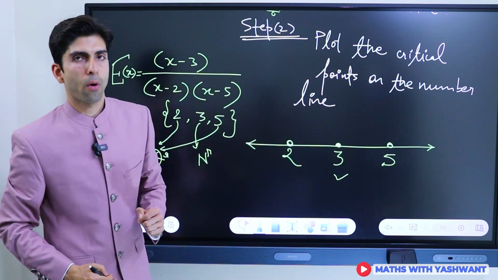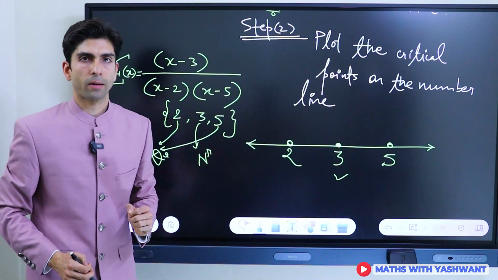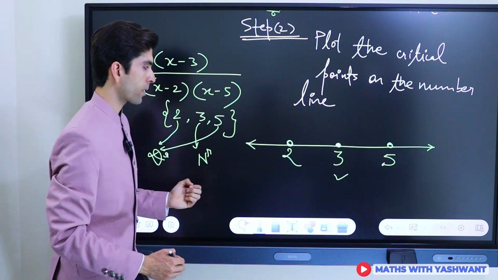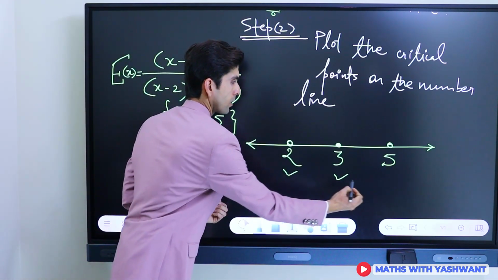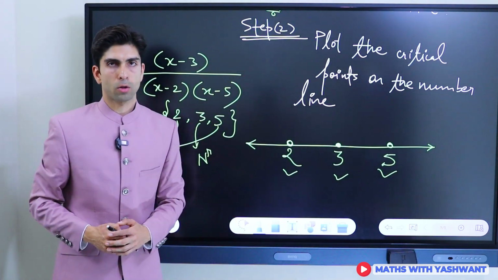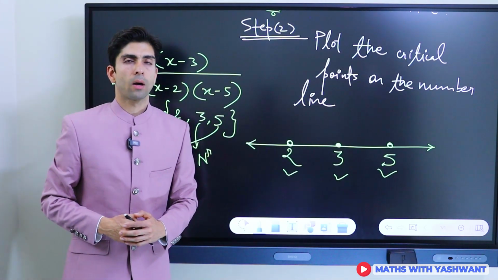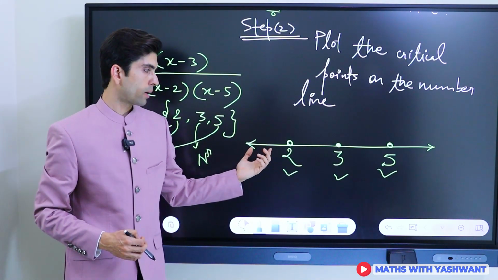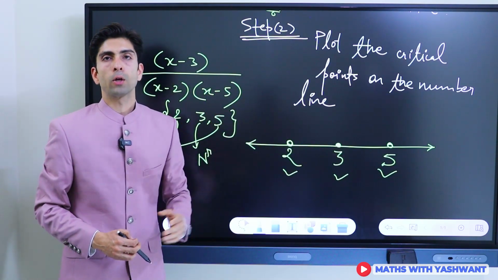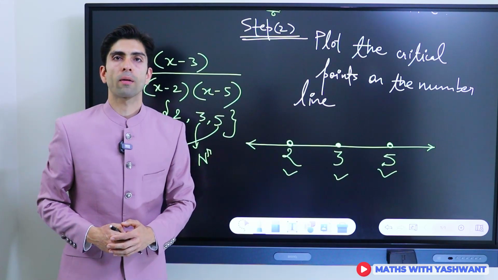And for the critical points that you get corresponding to the linear factors in the denominator, like in this case we have 2 and 5, I have marked them using an open circle. You can see here we have an open circle for 2 and 5. Now why is it so? It is because for the critical points in the denominator, when you put these values of x in the expression, you will see that your curve or the expression is not defined.